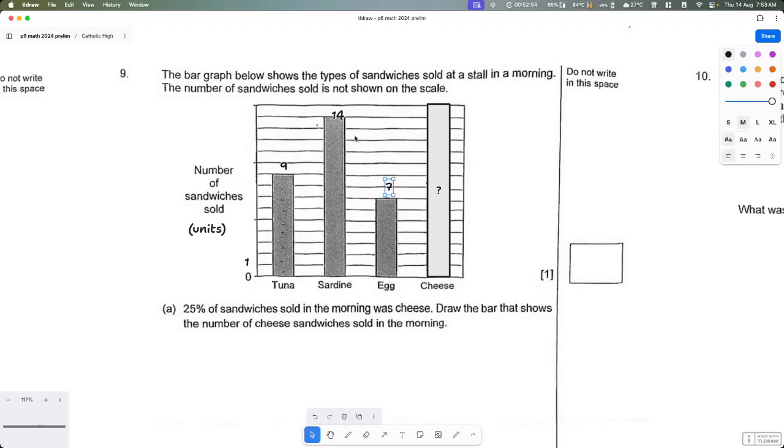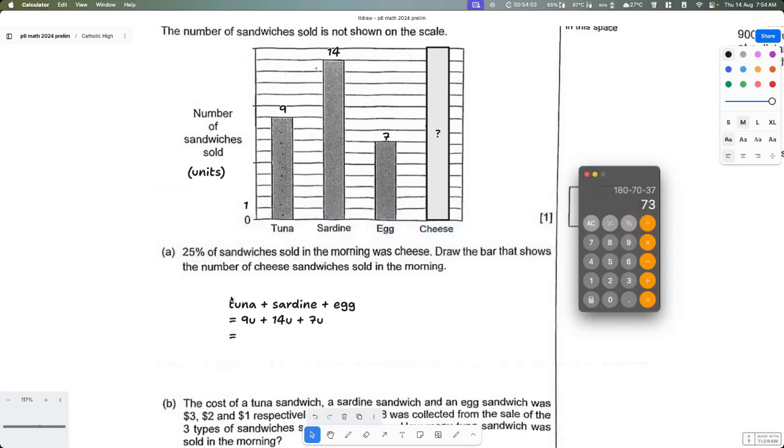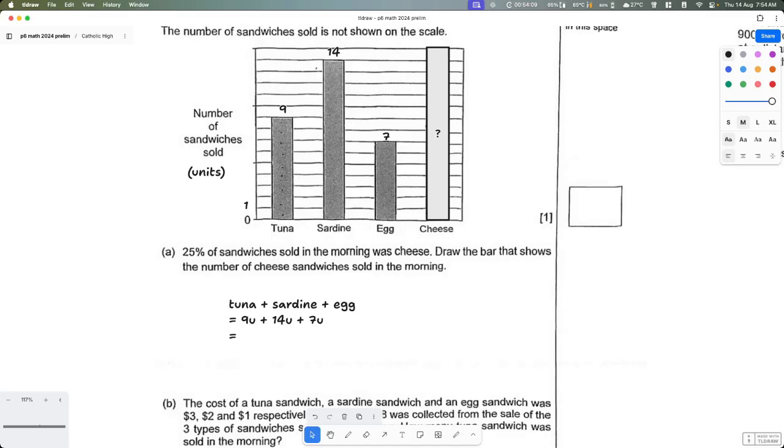So we have a total of 9, 14, and 7. Tuna plus sardine plus egg is equal to 9 units plus 14 units plus 7 units. Let's use calculator. 9 plus 14 plus 7. It will become 30 units over here.